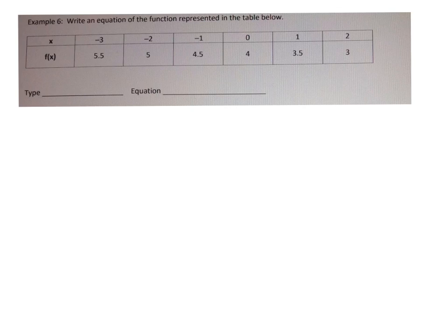So one last example, we want to write an equation of the function represented in the table. So for every change in 1, I am subtracting, not adding, 0.5, 1/2. Minus 0.5, minus 0.5.